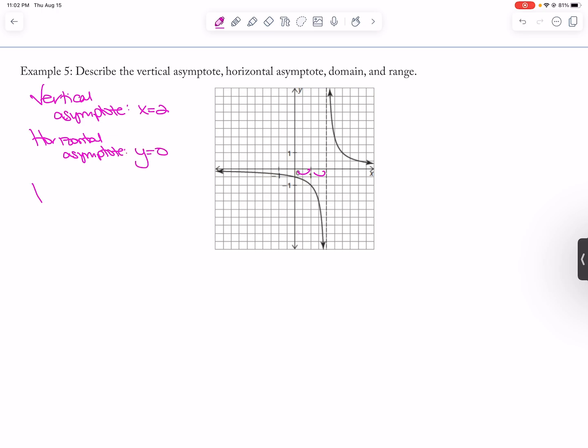So my domain is from negative infinity to 2, union 2 to infinity. And my range is negative infinity to 0, union 0 to infinity. And that is it for this lesson.